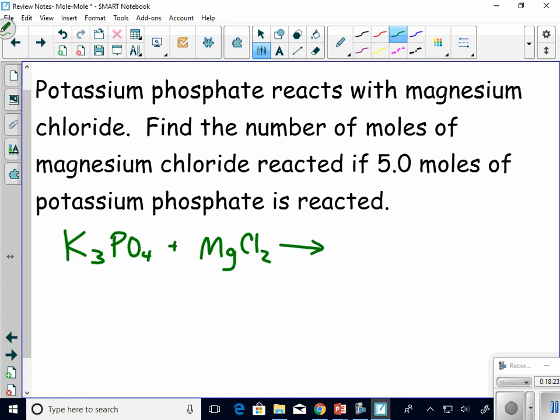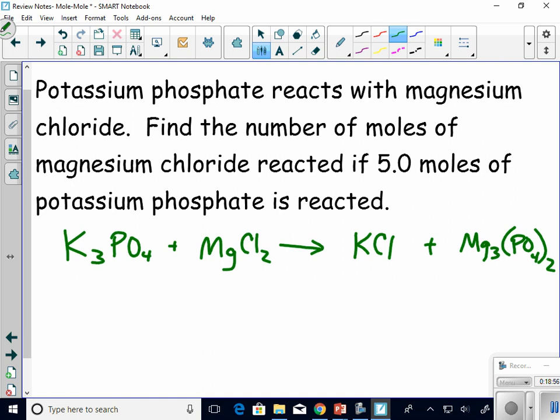So, I need to flop my cations. So, I'm going to get potassium chloride, and I'm going to get magnesium phosphate. Now, the first thing that I'm going to check is I know that I need to have one of these soluble, one of these insoluble.